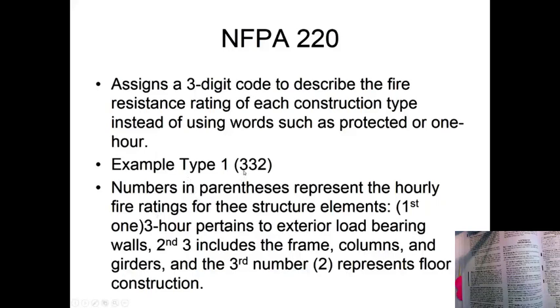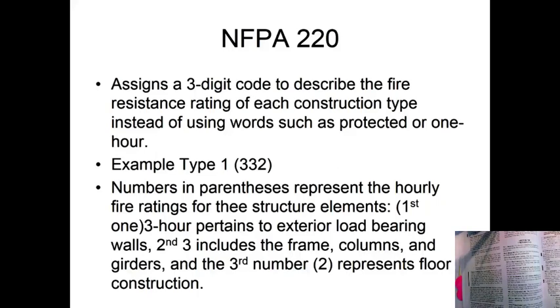It means 3 hour pertains to the exterior load-bearing wall. The exterior load-bearing wall has to be a 3-hour rating. The second number, the 3, means this second number has to have a 3-hour rating, including the frame, the columns, the girders. The structural component has to have that 3-hour rating.